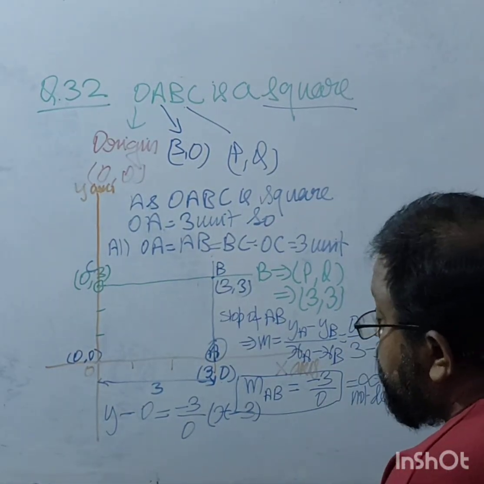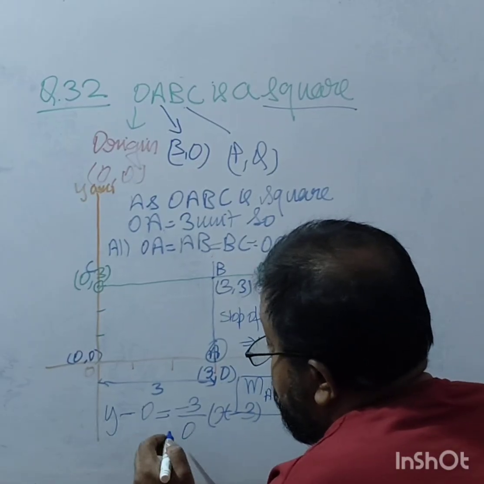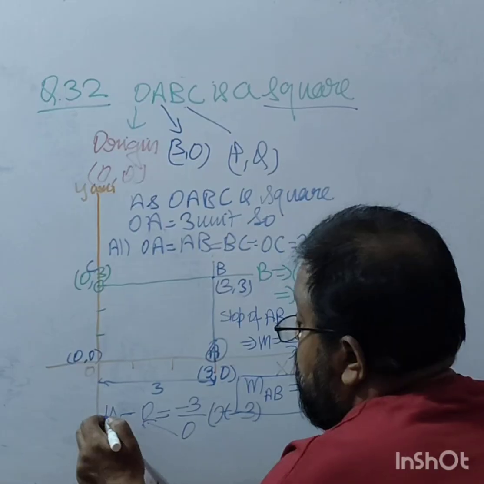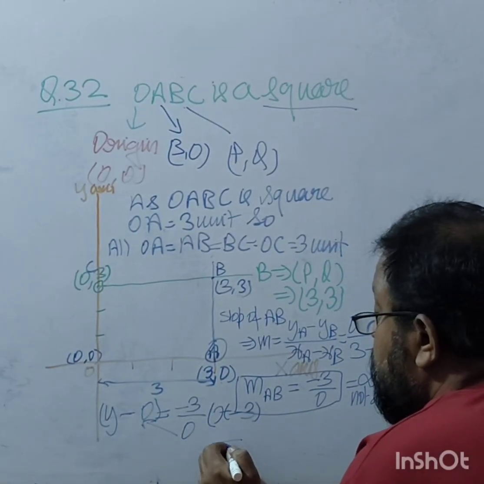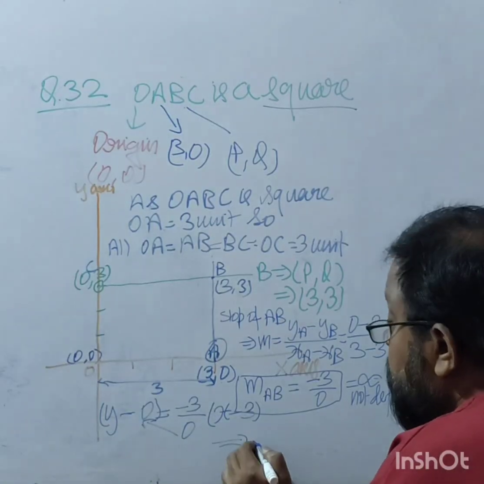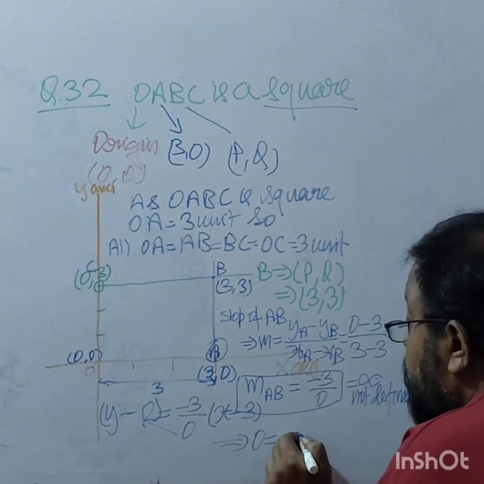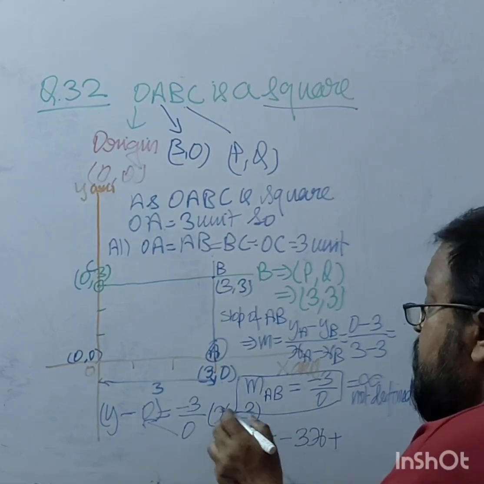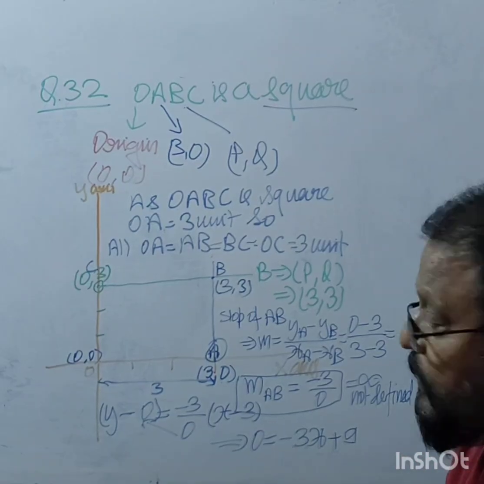This 0 is cross multiplied and the whole turns to be 0, so 0 is equal to minus 3x plus 9, right?